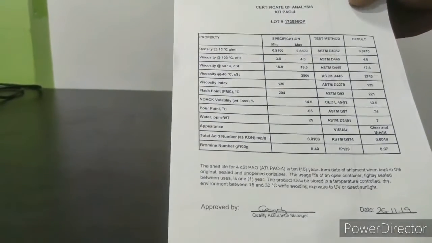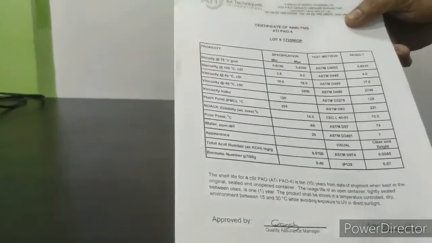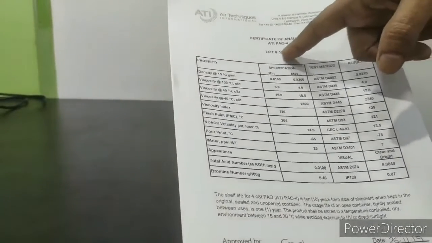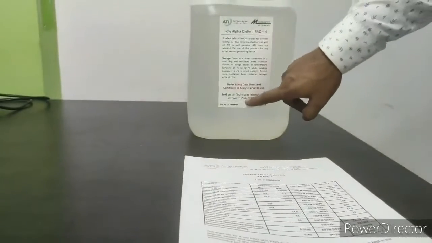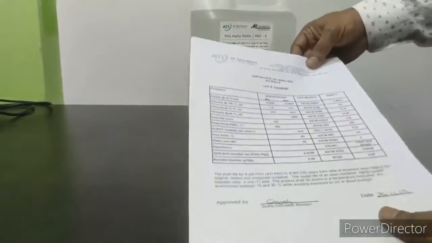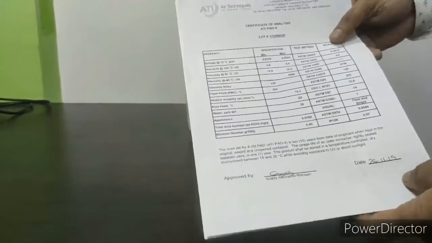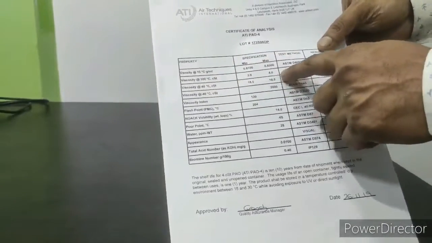Here you can see a close look of a certificate of analysis, in which you have to match the lot number mentioned on the certificate with the label on the reagent can. Also, here you can see the viscosity at 100 degrees Celsius is 4.